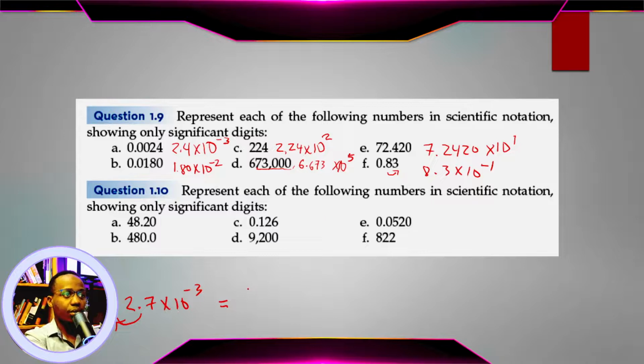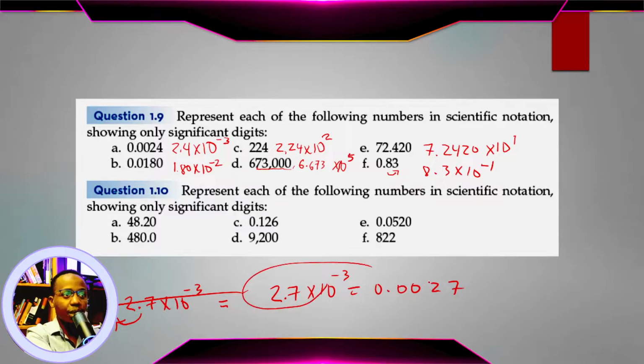So let me just write it down better. So 2.7 times 10 to the -3 is equal to 0.0027. So you should know how to go from here to here and back. To give you an example of the other one, if I have 2.87 times 10 to the 3rd, if I say 3 instead of -3, that means that we're going that way, right?